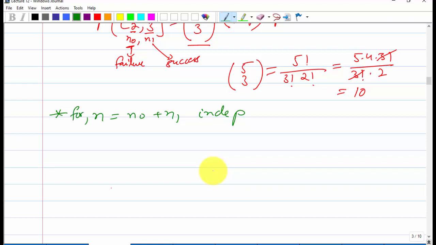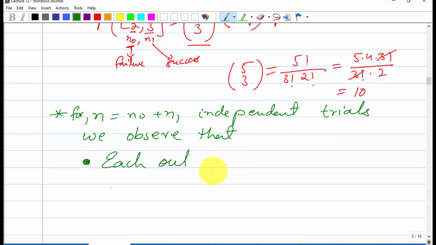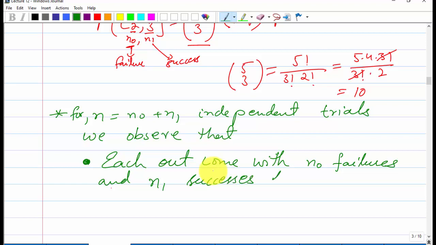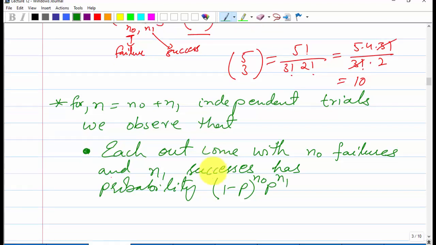For n equal to n naught plus n1 independent trials, we observe that each outcome with n naught failures and n1 successes has probability (1 minus p) to the n naught times p to the n1.